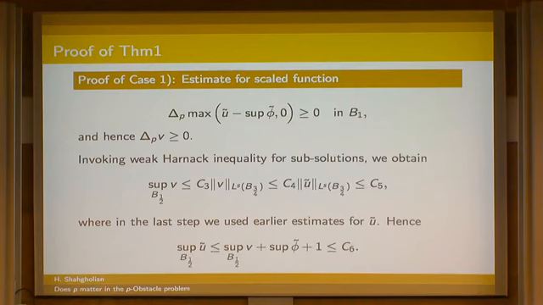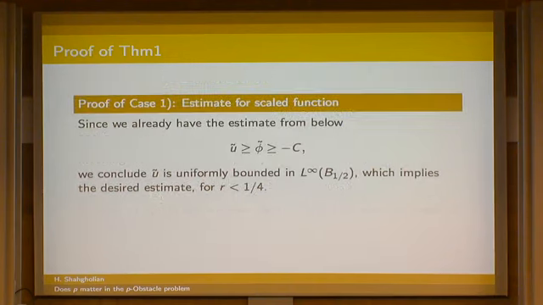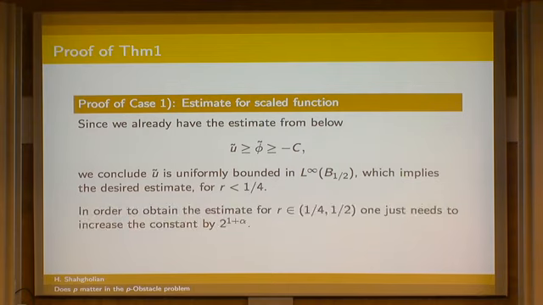So the supremum of ũ is less than a constant, and that's all you needed to do. You already had the bound from below, so you have good control both from below and from above for ũ. And that tells you that at that scale, the function grows exactly like R to the power 1 plus alpha.